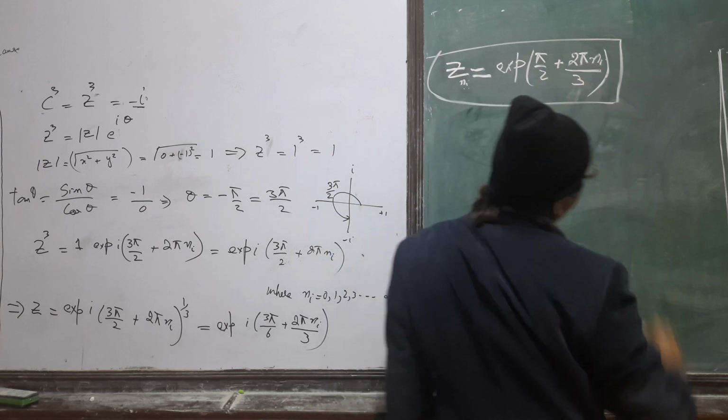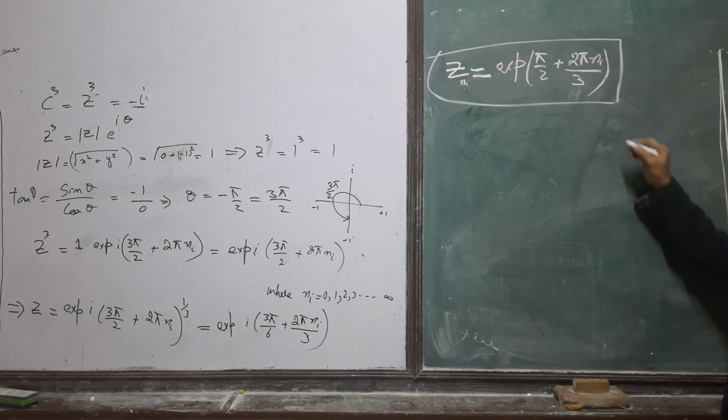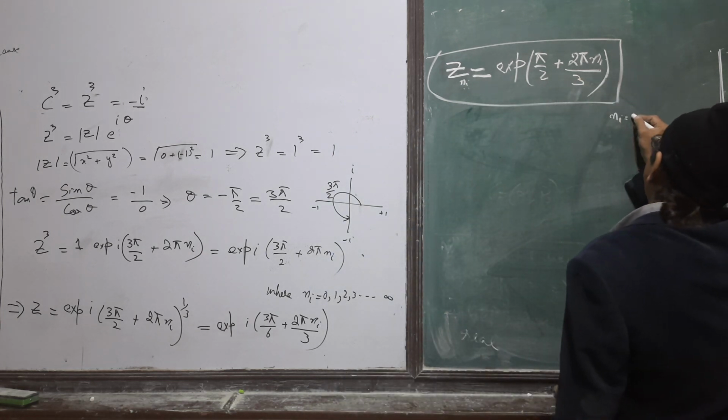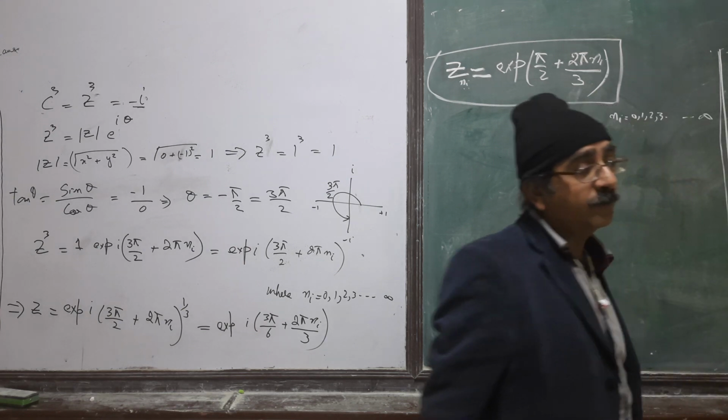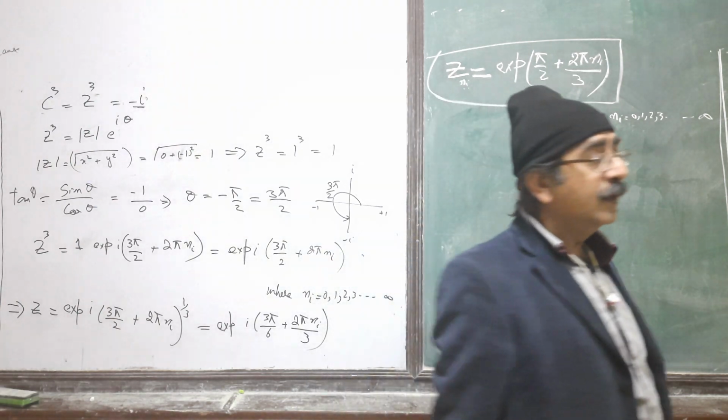There will be a different value for different n. And n will be again 0, 1, 2, 3 up till infinity.